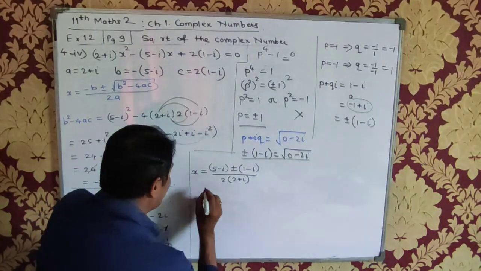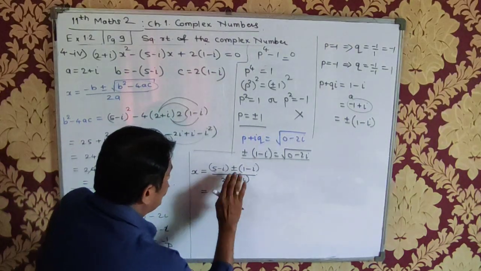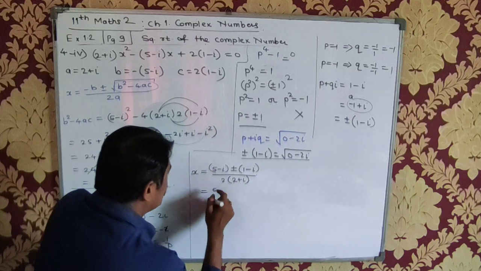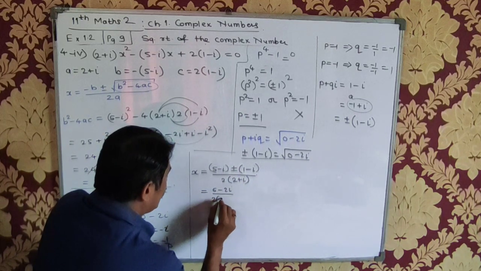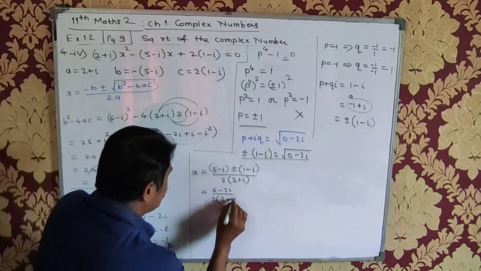Okay. Now if I take the plus sign, 5 plus 1 is 6 minus i minus i, that is minus 2i, upon 2 times (2 plus i). Correct? Yes.